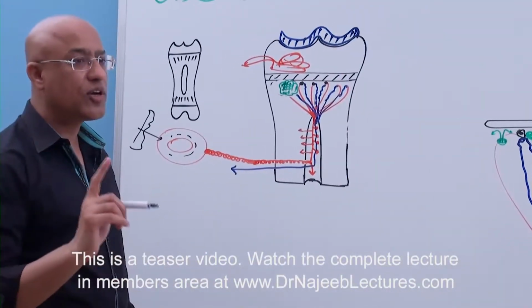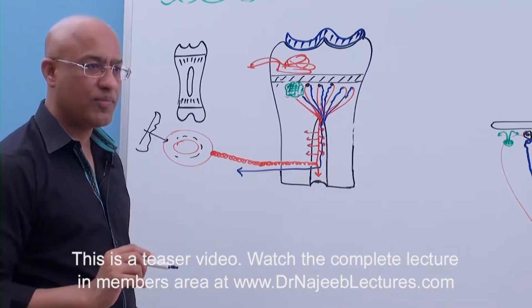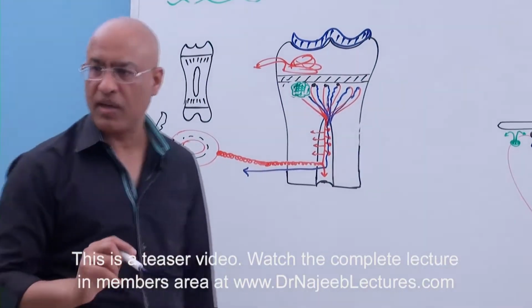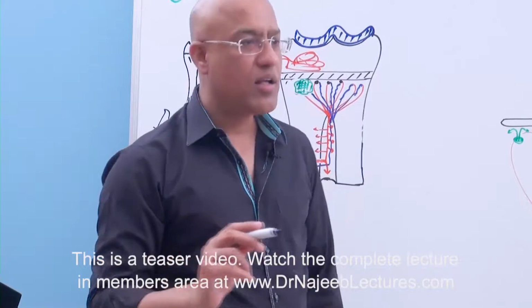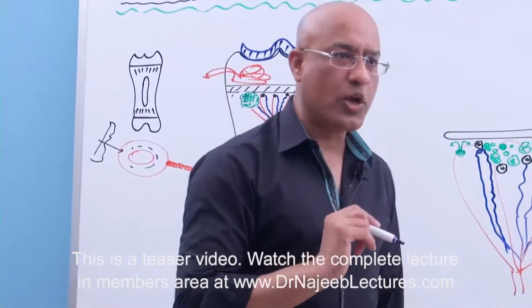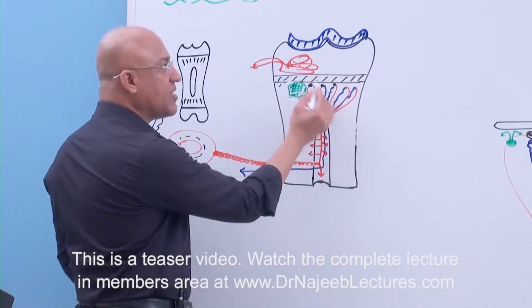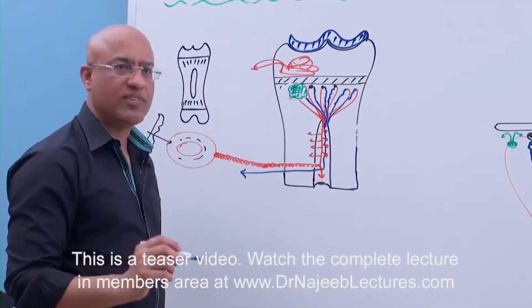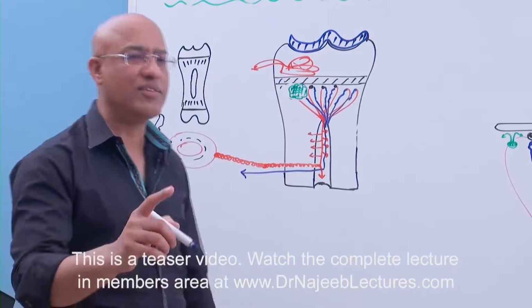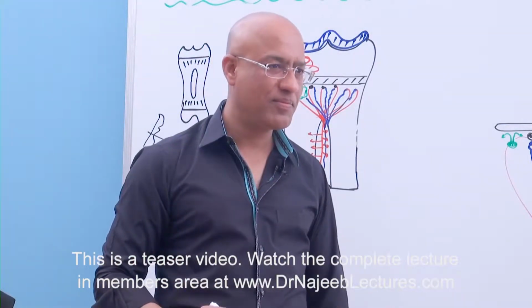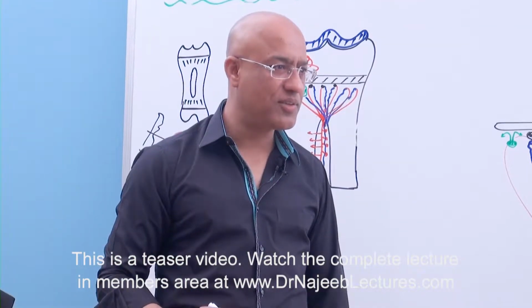But in children who are less than 1 year old, this is clinically important to remember, in those children some metaphyseal vessels and epiphyseal vessels do have connections. What is the importance of this?